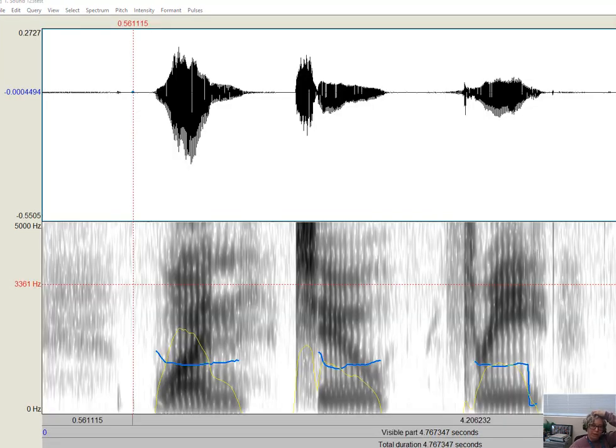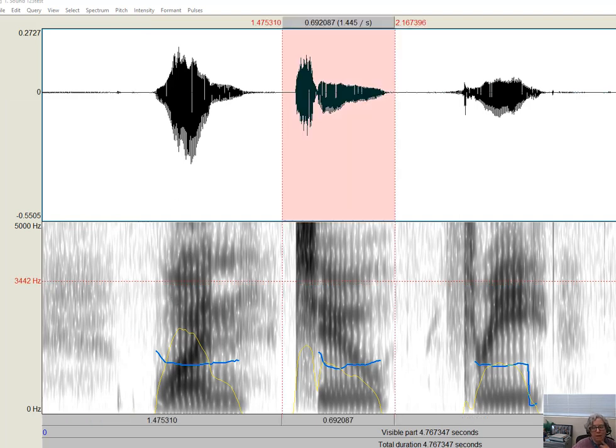So again, I've demonstrated to you how you can zoom in and zoom out. But I want to come back and show you, again, this is the amplitude and this is the time. So amplitude is this way, time is this way. And this is the spectrogram.